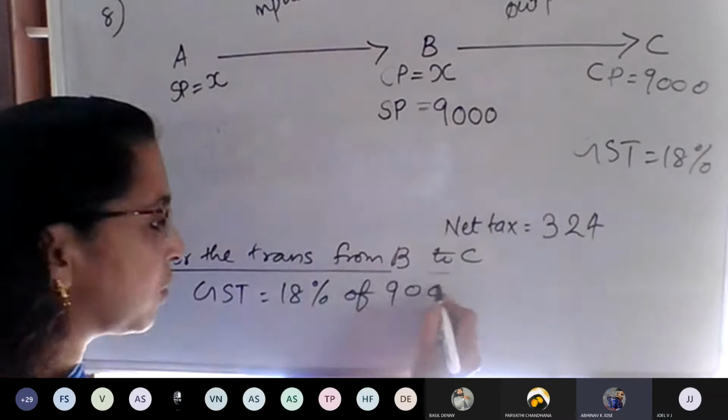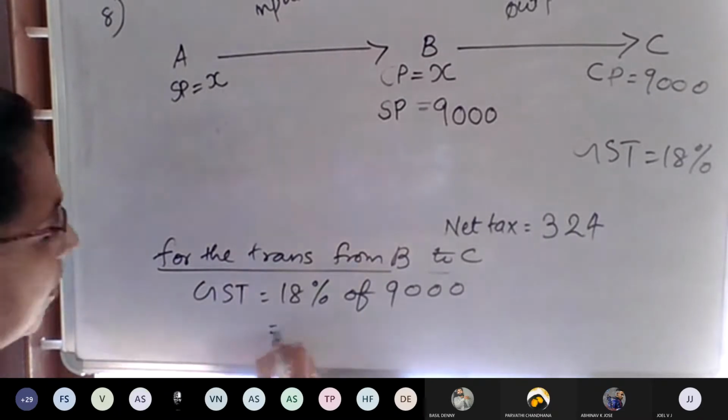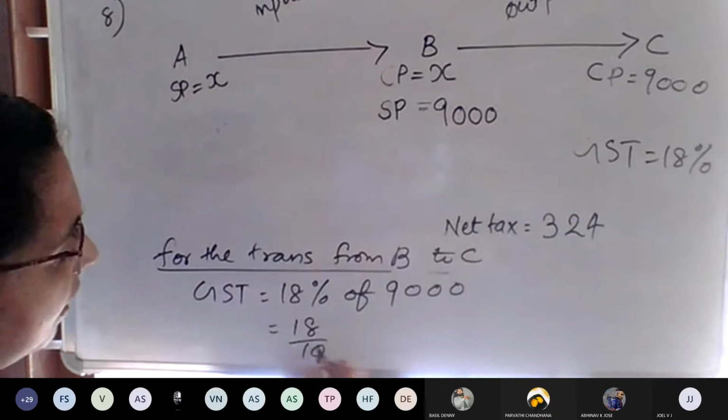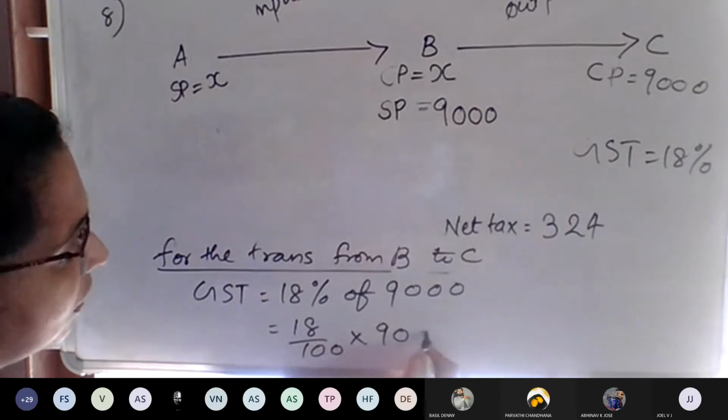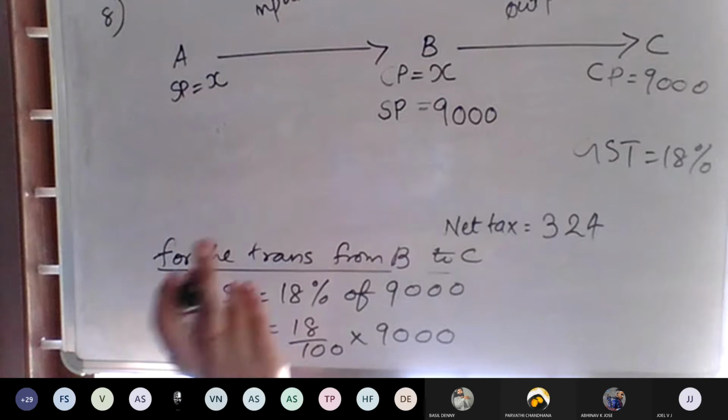Write down 18% of 9,000. Better to let it be there: 18 by 100 into 9,000. Don't cancel. Let it be there.